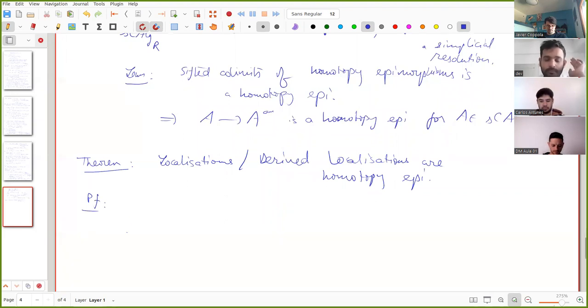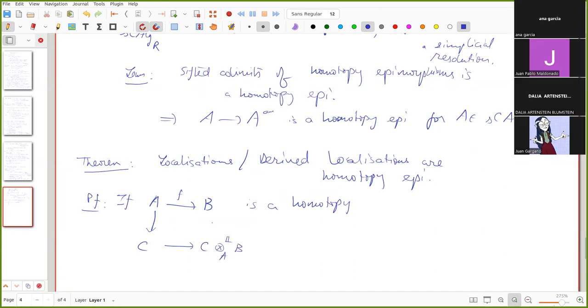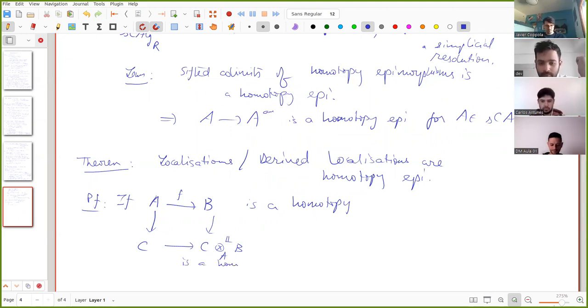So the proof would be, if you have a map from A to B, so if this is a homotopy epi, and you take an arbitrary map out of A to C, then if you take the derived push out, then this is a homotopy epimorphism.